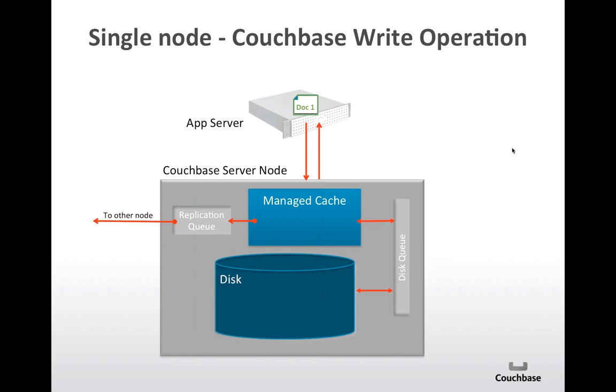So in this case, let's see how the write operation works in Couchbase. The app server tries to write this document 1 to the Couchbase server. It does a set operation. The document 1 gets written to the managed cache. Once the document is in the managed cache, we write asynchronously to the replication queue and a disk write queue. The document on the replication queue is for high availability.